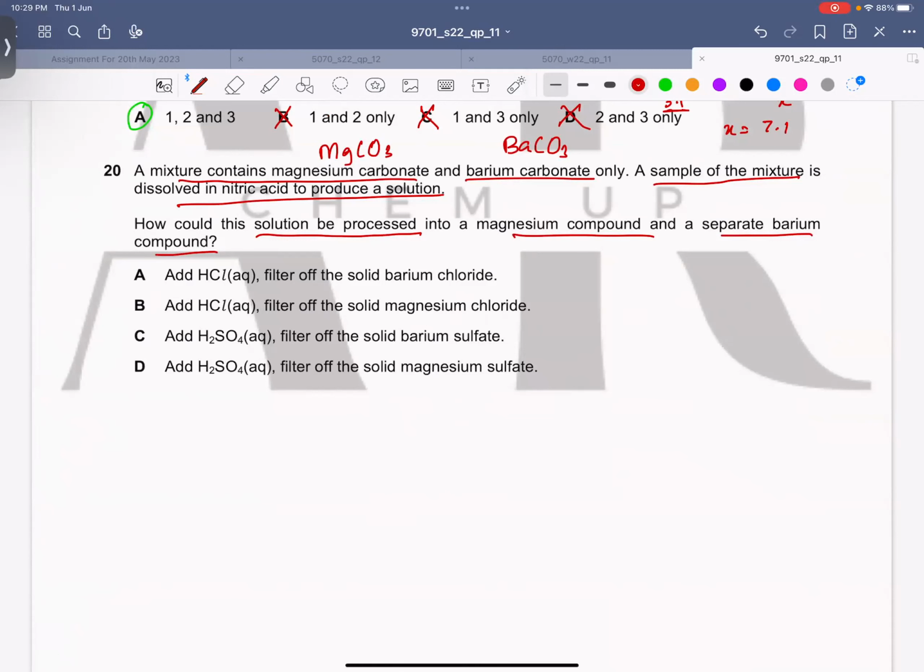Okay. So we have a mixture of, when we added nitric acid, we get magnesium nitrate, which is aqueous, and barium nitrate, which is aqueous too.